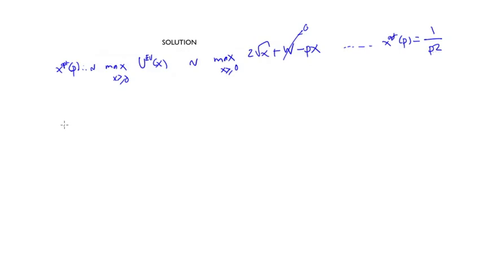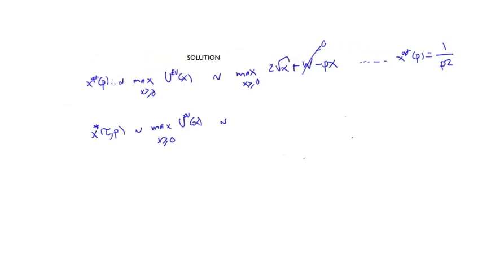Now, let's compute the behavior as a function of tau, and of course the price is p. That is equivalent to maximizing over x greater or equal than 0 the decision utility induced by x. Now the key to solving the problem correctly is to specify carefully the maximization problem here.